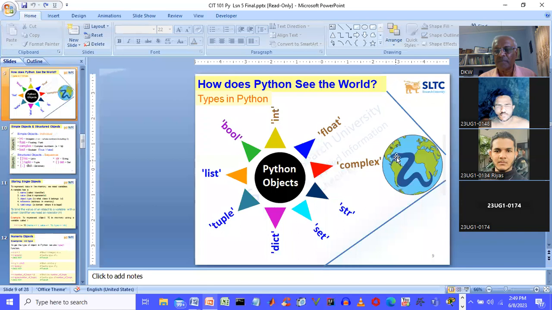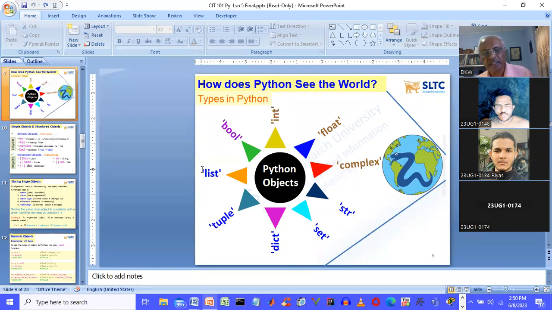It sees any object in the world as divided into 9 types: 1, 2, 3, 4, 5, 6, 7, 8, 9.